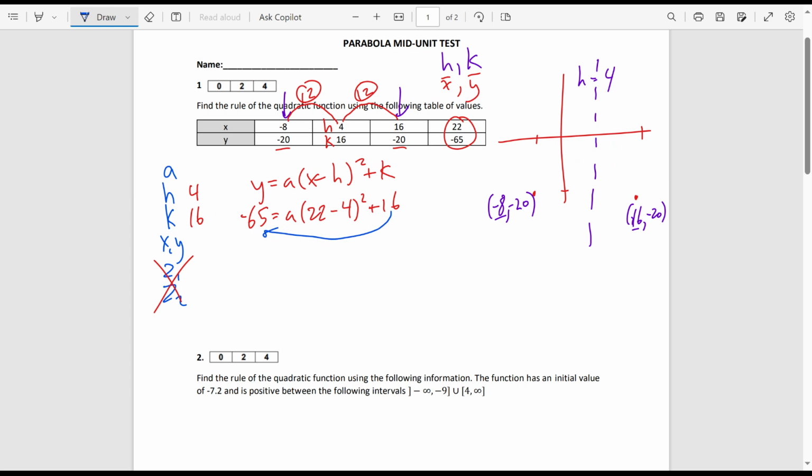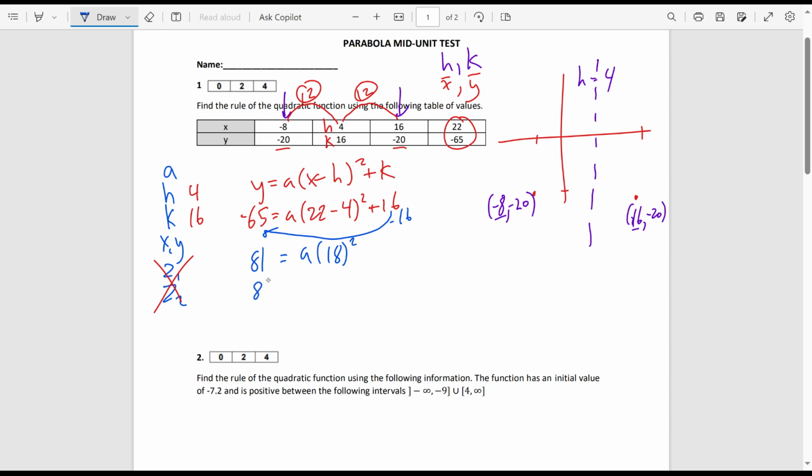So if you do that, I'll be subtracting 16 from both sides. I've got 81 is equal to a, and then 22 minus 4 would be 18 squared. So I'm going to get that k out of the way and combine it with the y first. It's just going to make my life a lot easier.